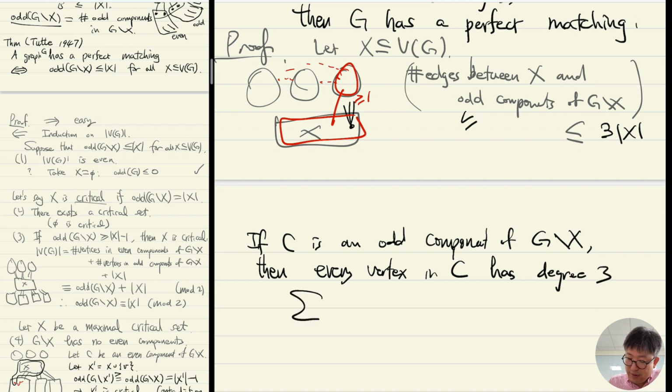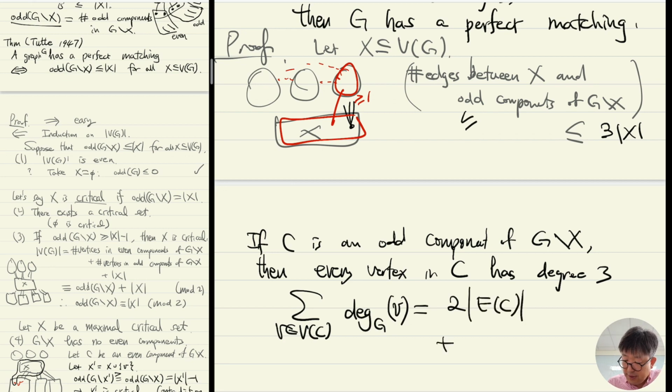So if I add up all these degrees in this odd component, that's exactly twice the number of edges inside C plus the number of edges joining X and C. Edges joining X and C are counted exactly once per edge, and edges inside C are counted twice.